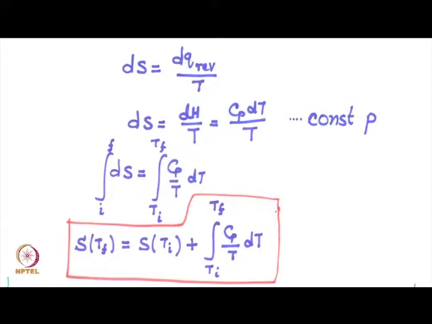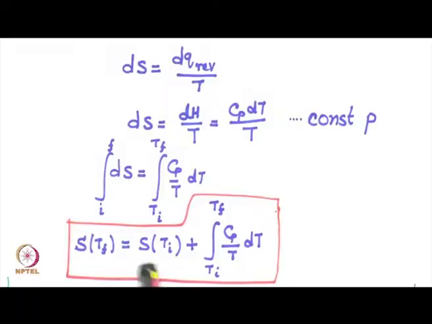Heat capacities are determined by using calorimeters. These also we will discuss later on, that how calorimeters can be used to determine the heat capacity of a system. So, if I know the entropy at any reference temperature, then the integration of this from an initial reference temperature to the temperature of choice will allow us to determine the value of S at Tf.